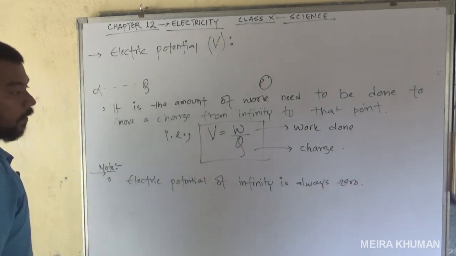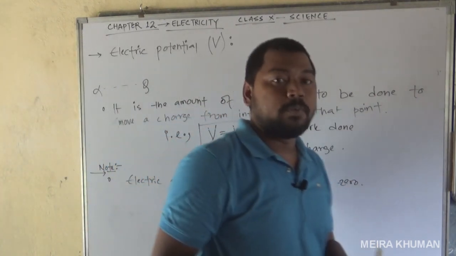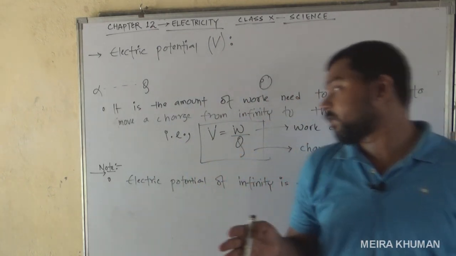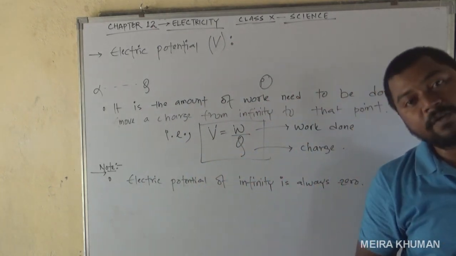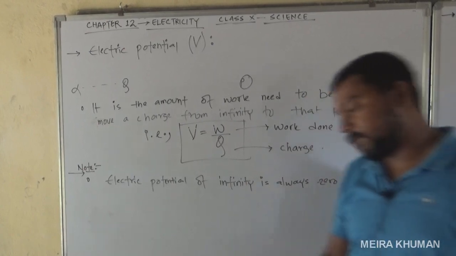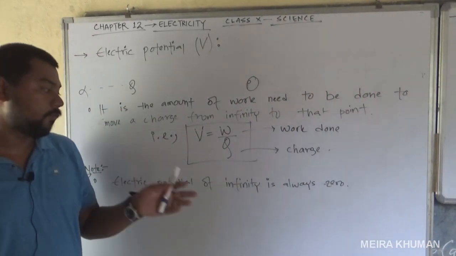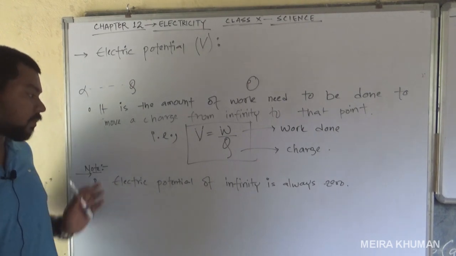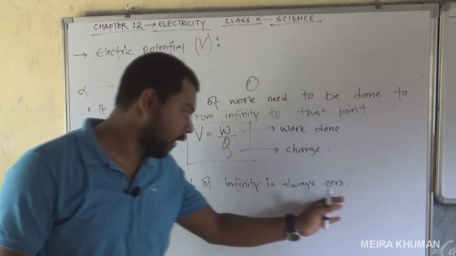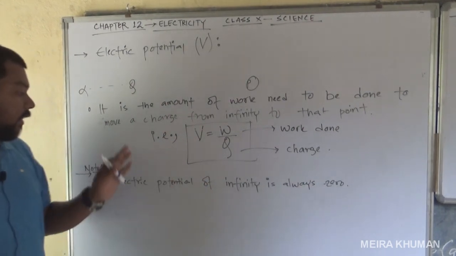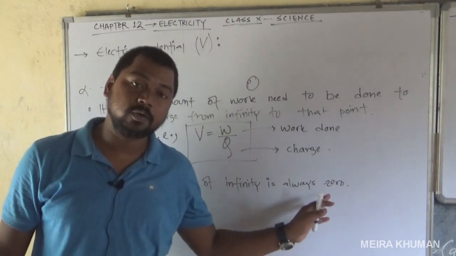See, in our syllabus there is no scope for why the electric potential of point infinity is zero. All this you will get in your class 12 physics. For the time being, just keep that statement in your mind, that electric potential of point infinity is always zero.